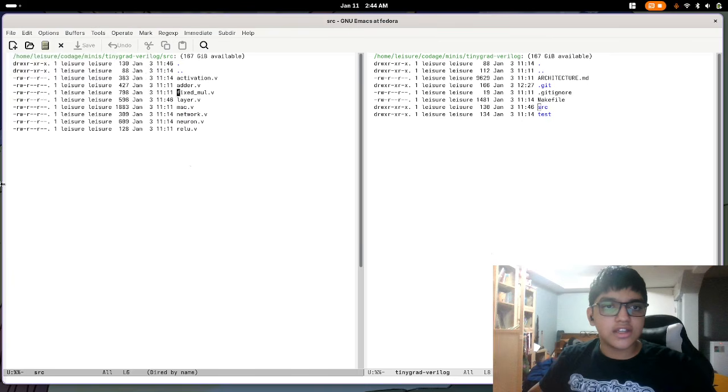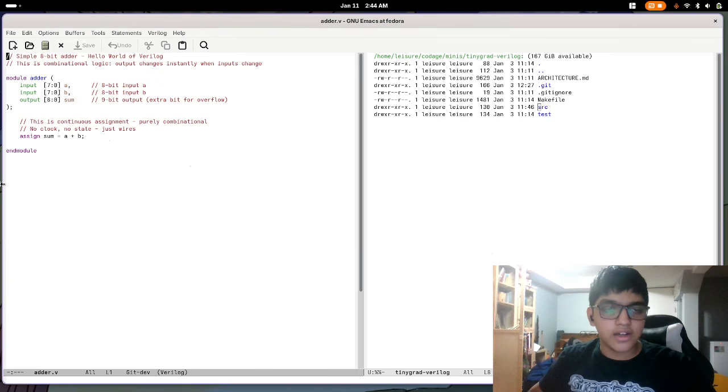So let me just go through this adder. This is simple. ChatGPT made this so that I could figure out how to use Verilog. It's an 8-bit adder, so the input starts at bit 0 to bit 8.